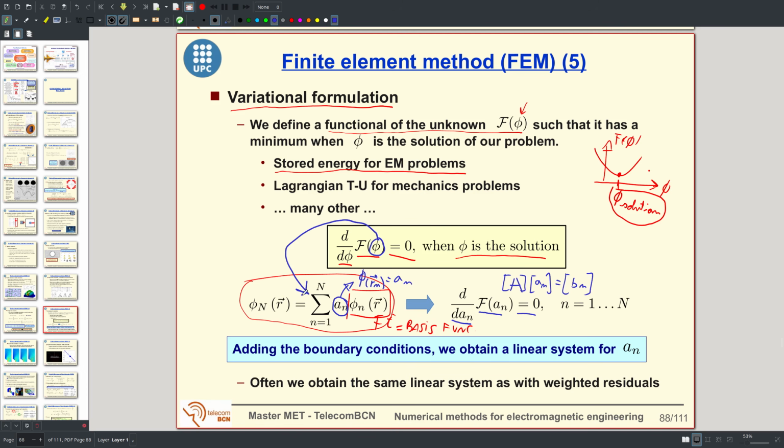Remember, the same as we did in finite differences, we set the values of the unknown at some nodes equal to the known value given by the boundary conditions, and these values are no longer an unknown and go to the right hand side as the independent term. So the independent term comes from setting the boundary conditions at some values of the unknown function. And in this way we obtain a linear system that often can be the same linear system as we obtain with weighted residuals.